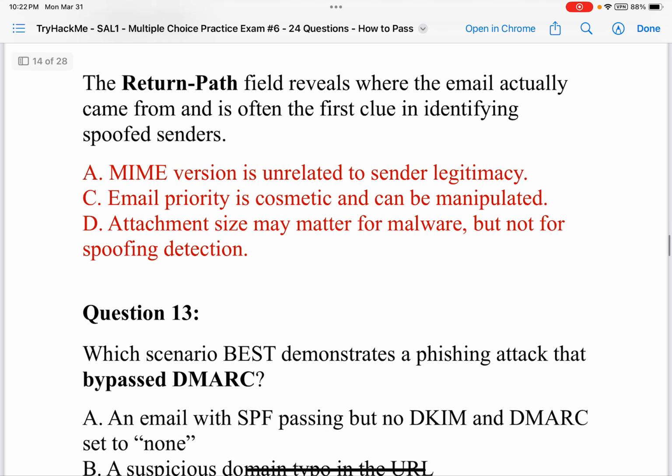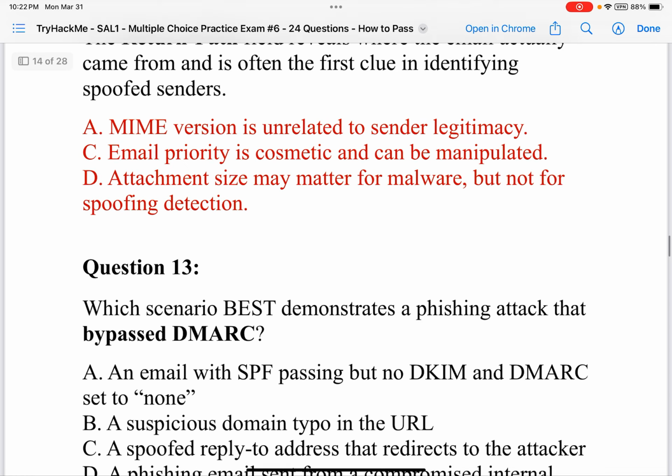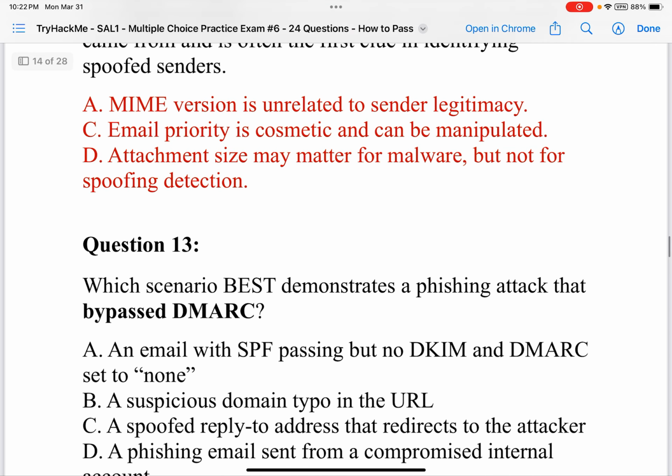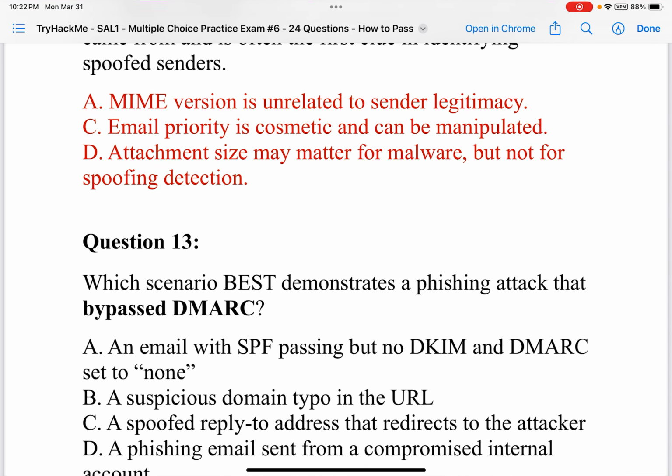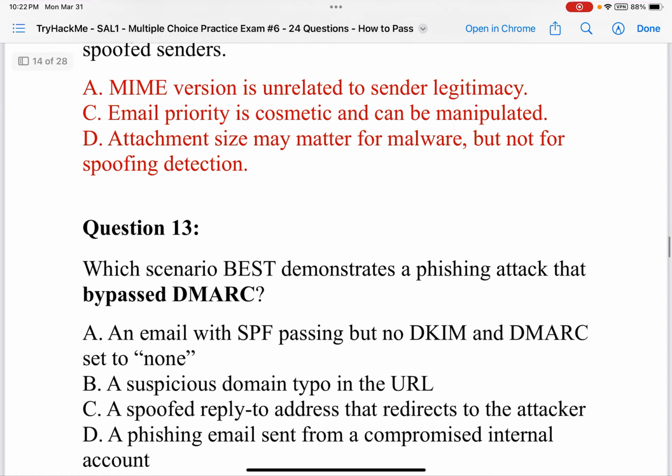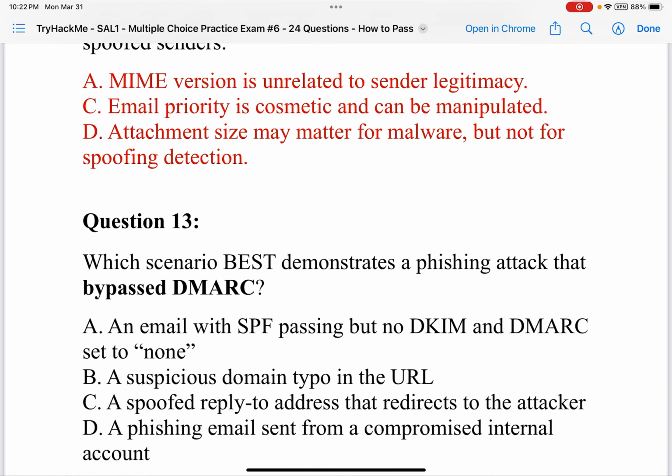Question number 13. Which scenario best demonstrates a phishing attack that bypassed DMARC? A. An email with SPF passing but no DKIM and DMARC set to none. B. A suspicious domain typo in the URL. C. A spoofed reply-to address that redirects to the attacker. Or D. A phishing email sent from a compromised internal account.